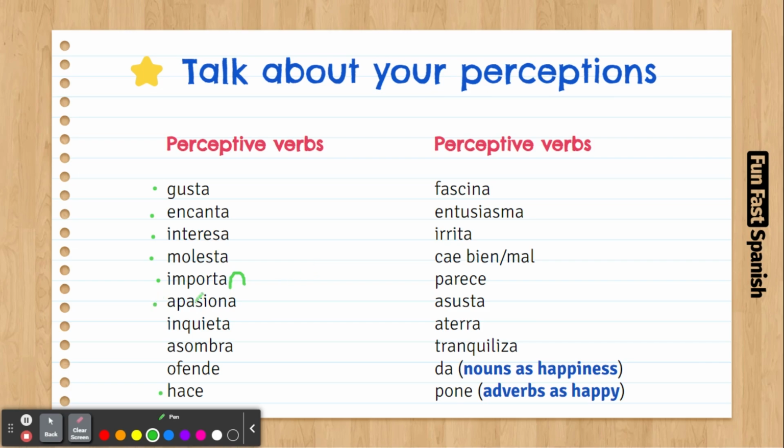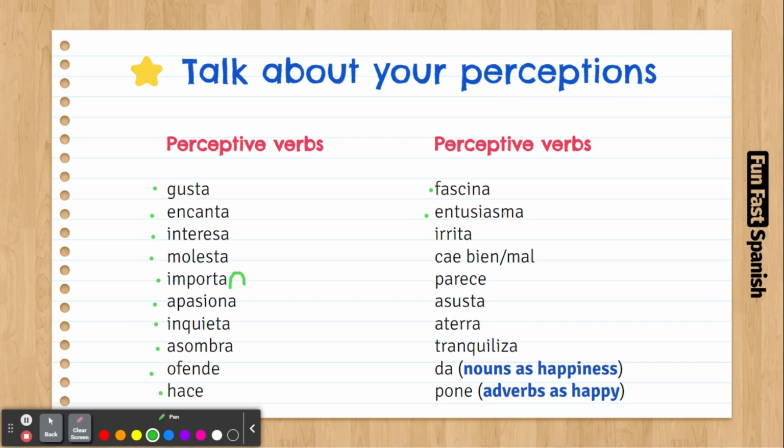A mí me apasiona. I feel passion for something. A mí me inquieta. It's like I feel intrigued about something. A mí me asombra. It's like when you're like, wow. A mí me ofende. Something that offends you. Me fascina is also a way to say like I love it. Not like me encanta, not love for a person, but like when you love something. Me entusiasma, enthusiasm, or when you're excited about something, you can say, a mí me entusiasma trabajar en esto.